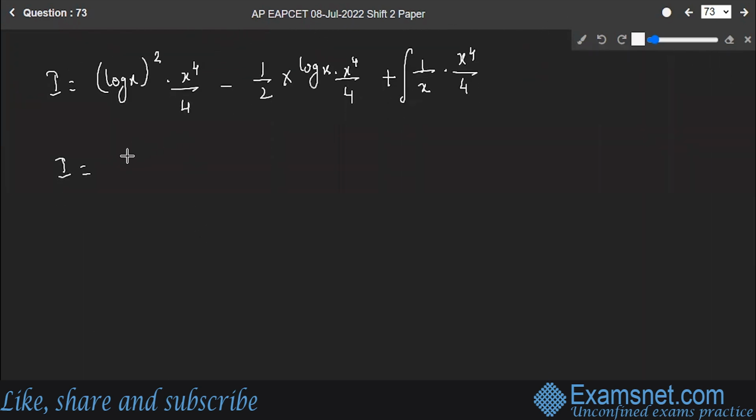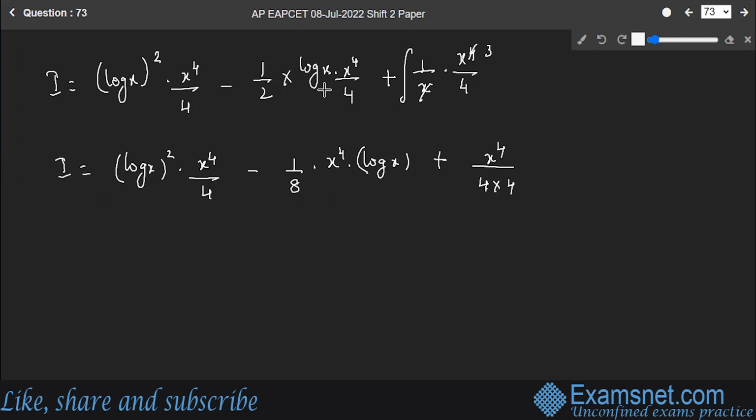(log x) whole square into x raised to power 4 upon 4 minus 1 by 8 into x raised to power 4 into log x, and this will cancel now. So again, you are having the integral of x raised to power 3, which will be given by plus x raised to power 4 upon 4 into 4. This is one more thing.